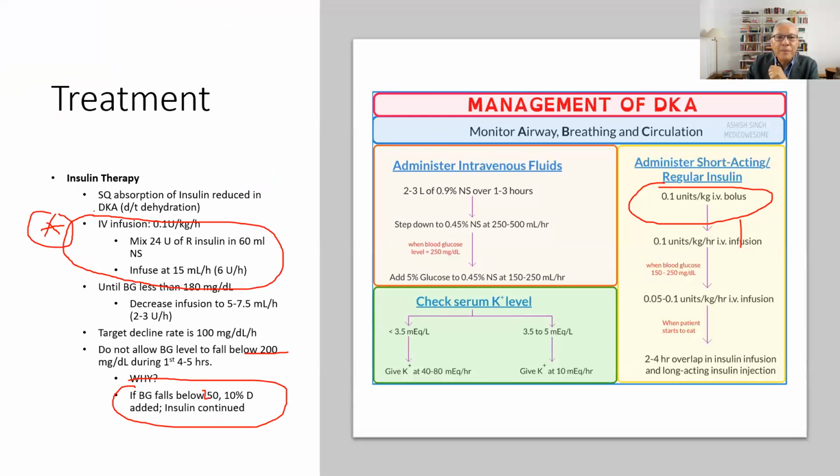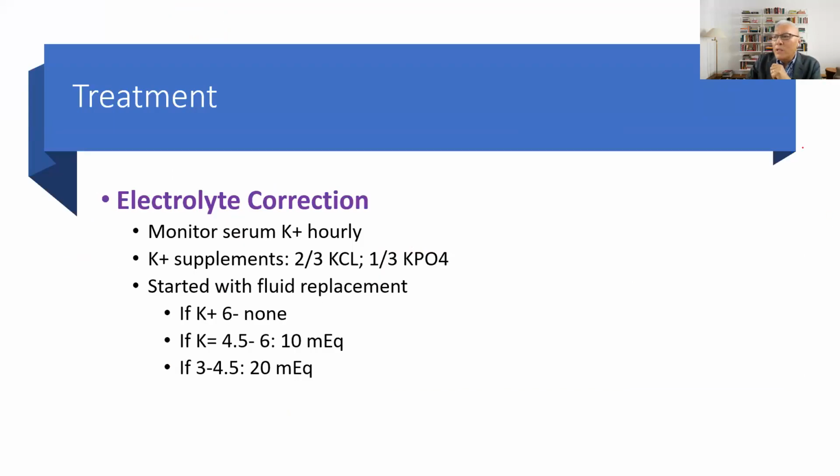So I'm going to go back to the electrolyte component once again to make sure that we had completely understood what we were trying to say. Patients who have DKA have to have serum potassiums drawn every hour. We need to monitor the potassium hourly.